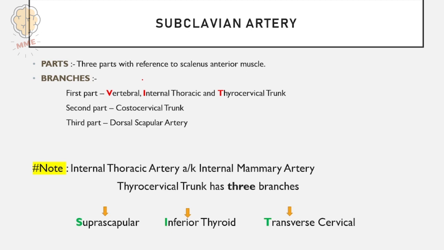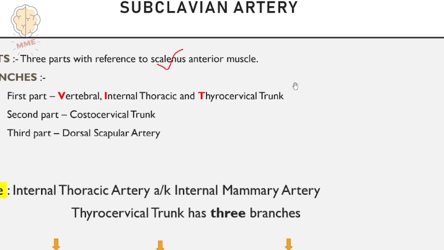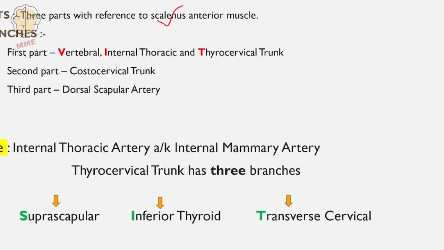The subclavian artery has three parts with reference to the scalenus anterior muscle. Remember this. How many branches does it have? Let's see. The first part comprises three branches. What are those branches?